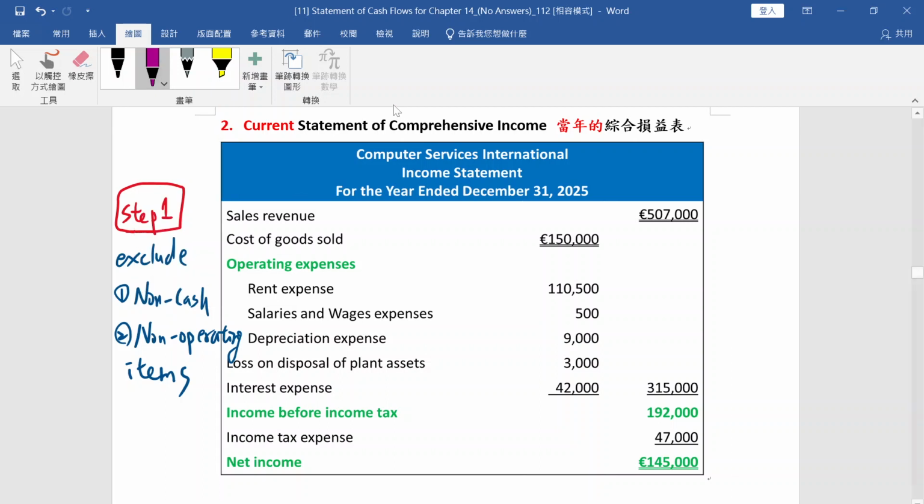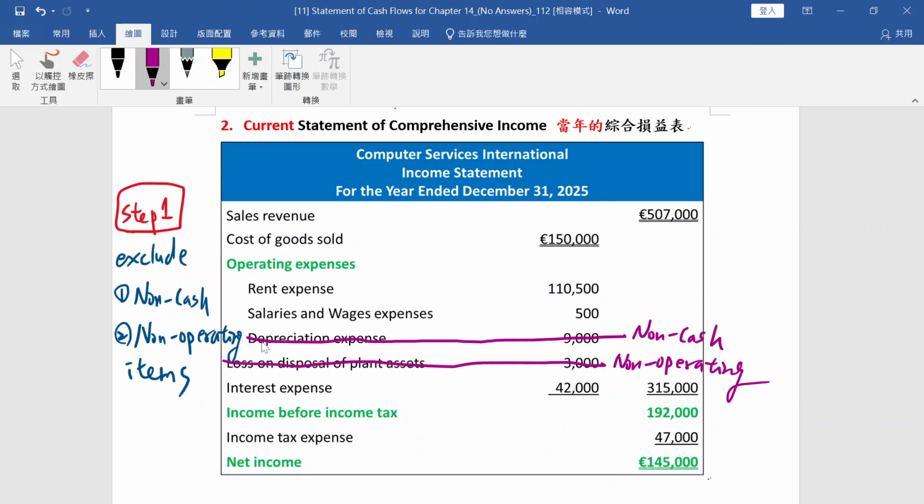So what kind of items? Depreciation expense, right? Depreciation expense is non-cash. Then disposal of plant assets, remember, is non-operating. Okay, after that, the other items, we have to figure out their cash flows.